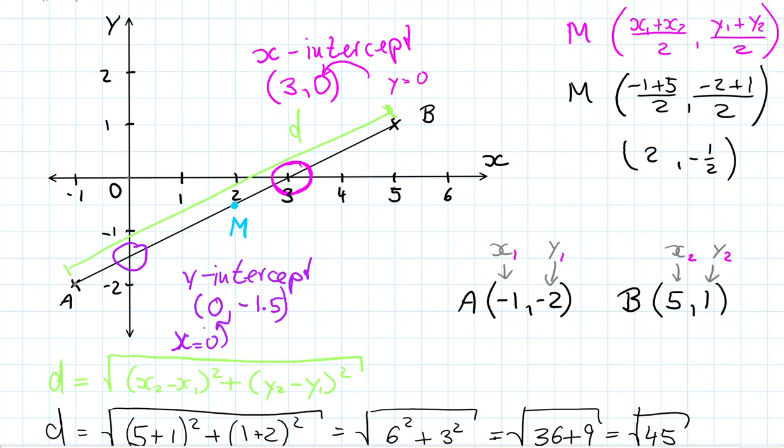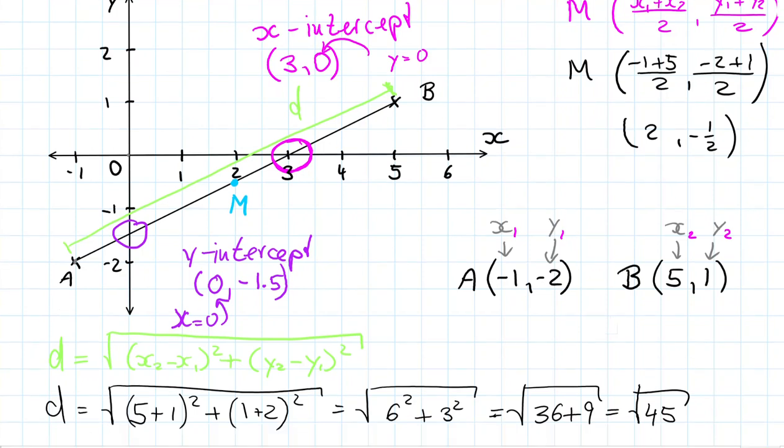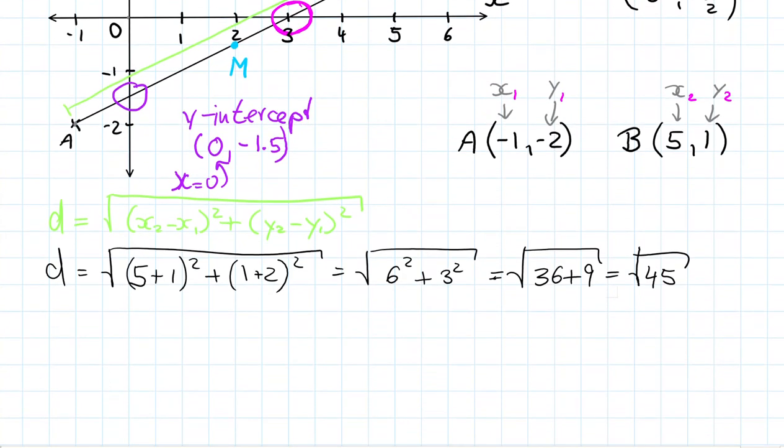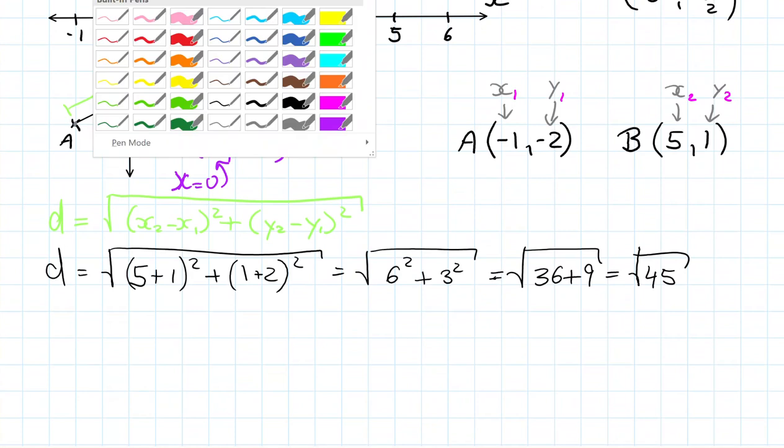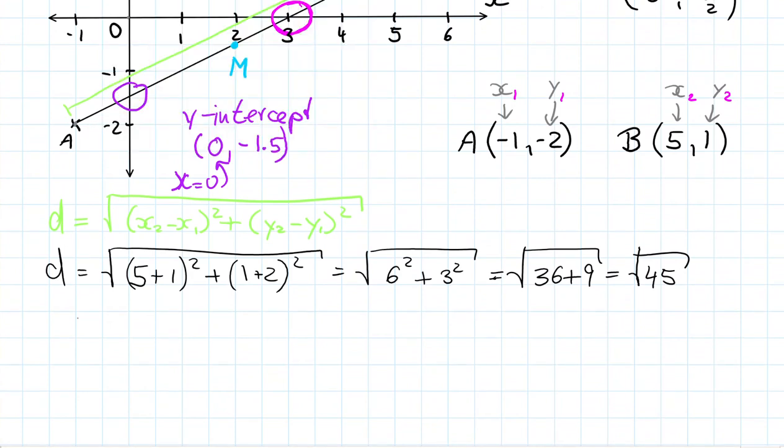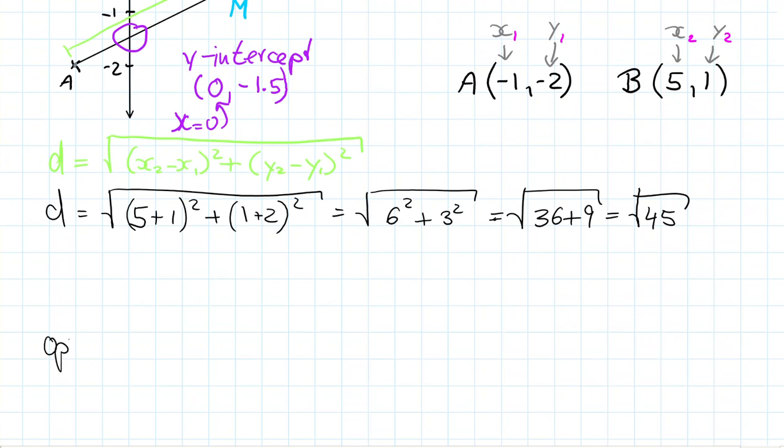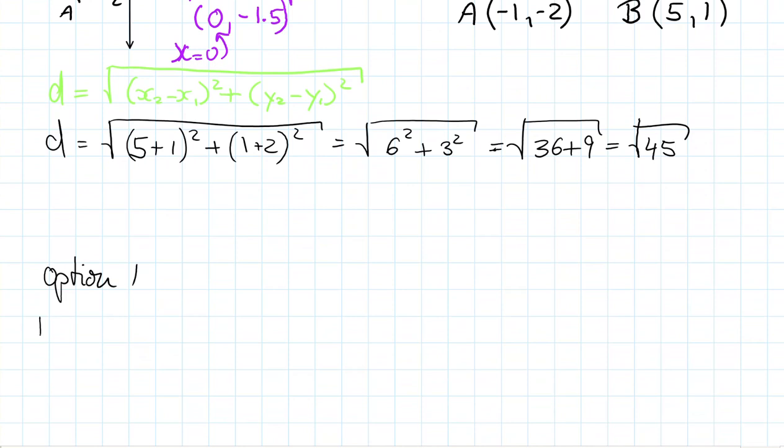Another thing we need to focus on now is how to draw straight lines. And as you can see, we have started with taking 2 points and drawing a straight line between them. So that is actually the first option to do that when it comes to drawing straight lines. Option 1, taking 2 points.